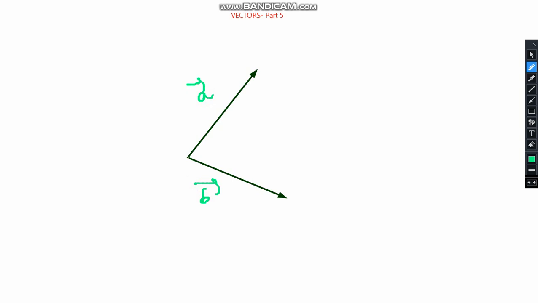If this is the B vector, what do you think of B minus A vector or A minus B vector? Something very useful. So this is the A vector minus the B vector. This is the resultant. This is how you subtract.